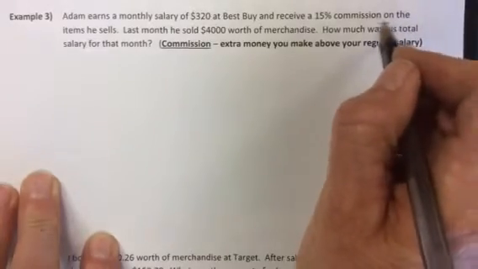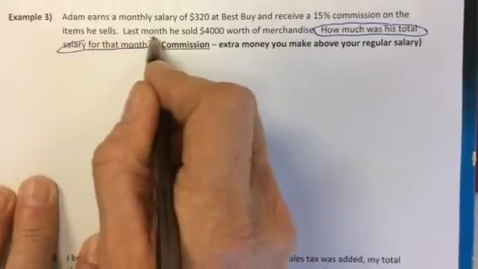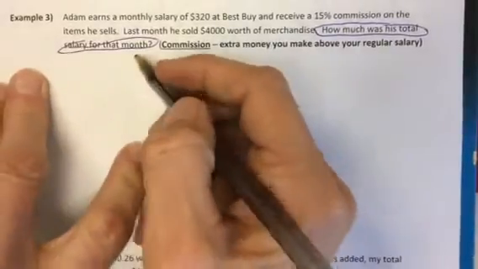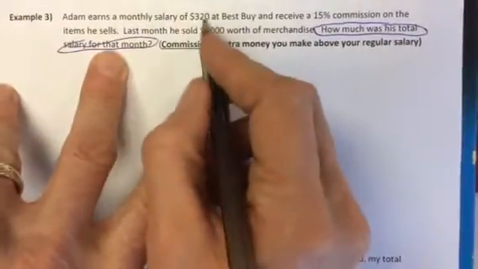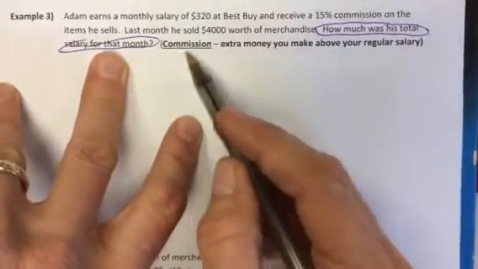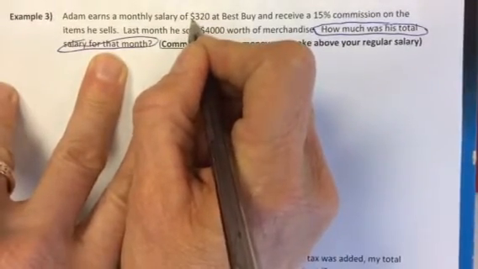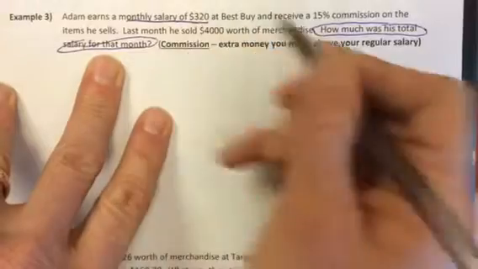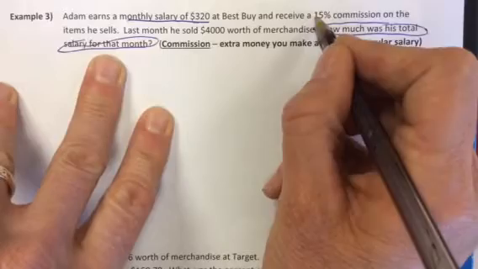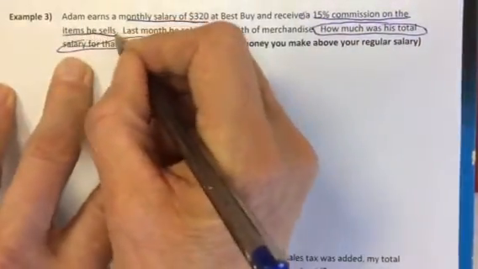So let's circle how much was his total salary for that month. First of all, commission is extra money you make above and beyond your regular salary, and that's for salespeople. So this is his normal salary that he gets per month, $320, and he receives 15% commission on the items he sells.